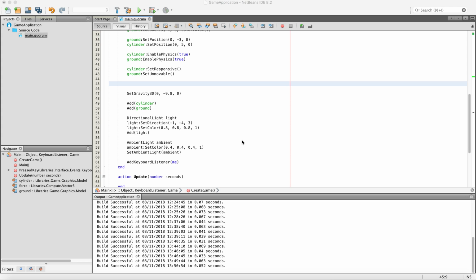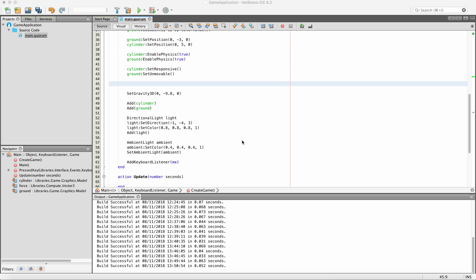Density is essentially how many units of mass per kilogram cubed there are. And when you set the mass inside of the Quorum game engine, it'll automatically set the density for you. Easy enough. However, if you wanted to set the density yourself, unfortunately, in the 3D game engine, we cannot do that.